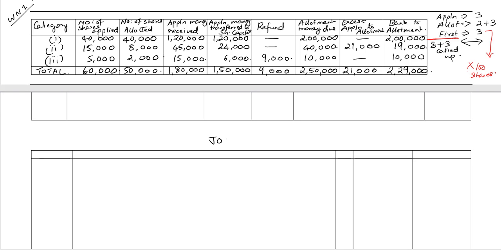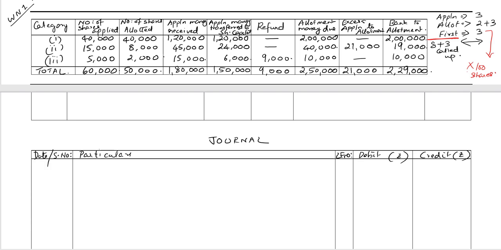Below we have the journal, date, serial number, particulars, LF number, debit rupees, and credit rupees.